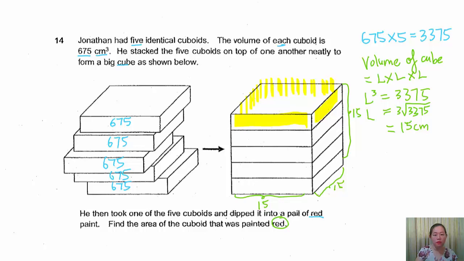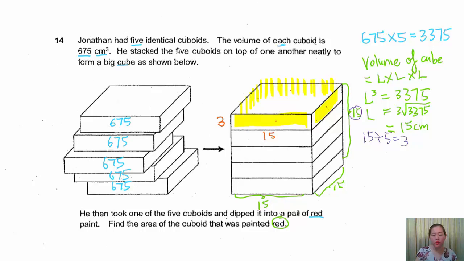We do it by knowing that if this is 15, therefore if we divide it by 5, 15 divided by 5 is equal to 3. So if this is 3, and this one here is 15, and there are 4 of it, 1, 2, 3, 4.